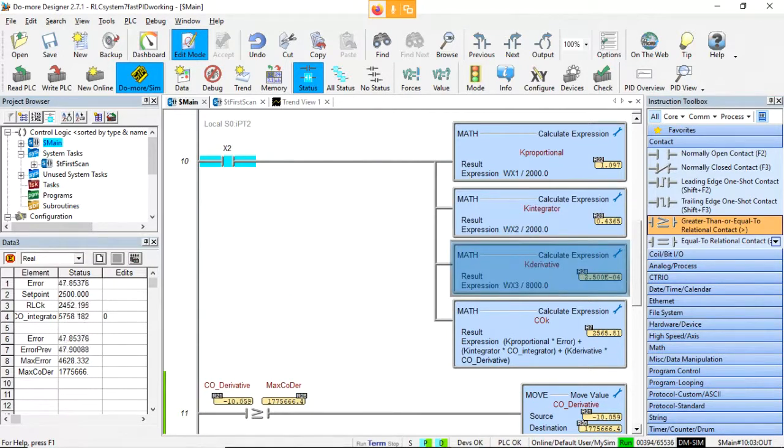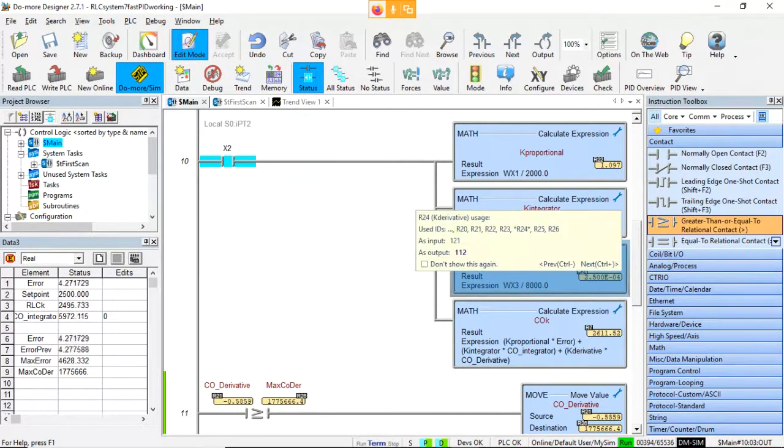And then the derivative piece, it's really tiny. So it's WX3, which could be as much as 4,000 divided by 8,000. So the highest the derivative could possibly be is 0.5.